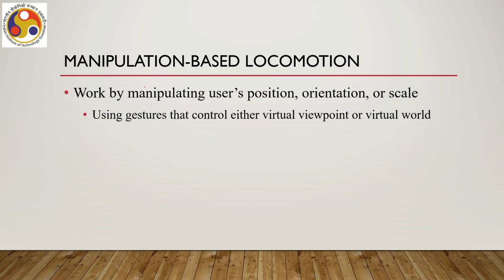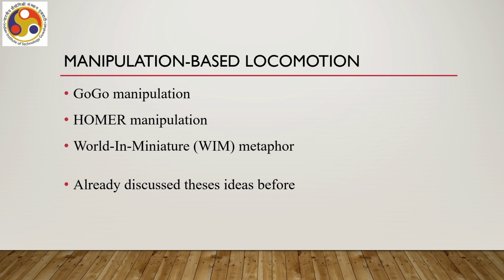So, those are about selection based. The final category of locomotion techniques are manipulation based locomotion techniques. Here the locomotion works by manipulating the user's position, orientation or scale using gestures that control either the virtual viewpoint or the virtual world. Earlier we have talked about the go-go technique, Homer technique, world in miniature metaphor.